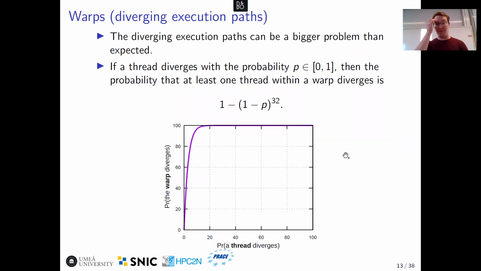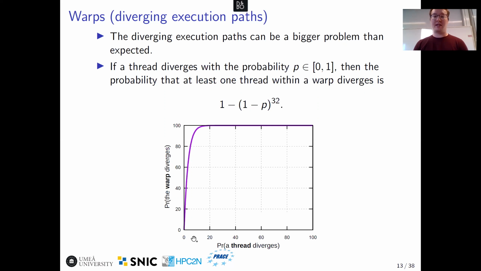And this can actually become a bigger problem than could be expected, because if you assume that a single thread has a probability of P of diverging or being disabled in some part of the code, then the probability that at least one thread in the warp will diverge is given by 1 minus (1-P) to the 32nd power.